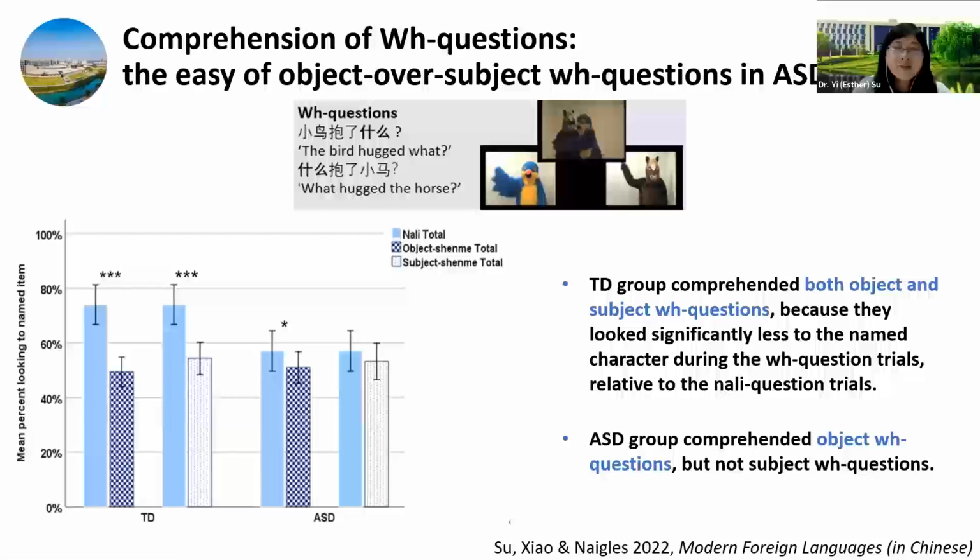And children with ASD comprehend the object WH questions, but not the subject WH questions. So they show the ease of object over subject WH questions in ASD.